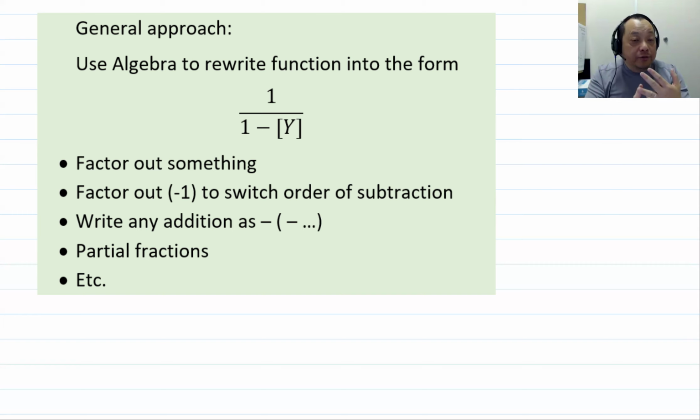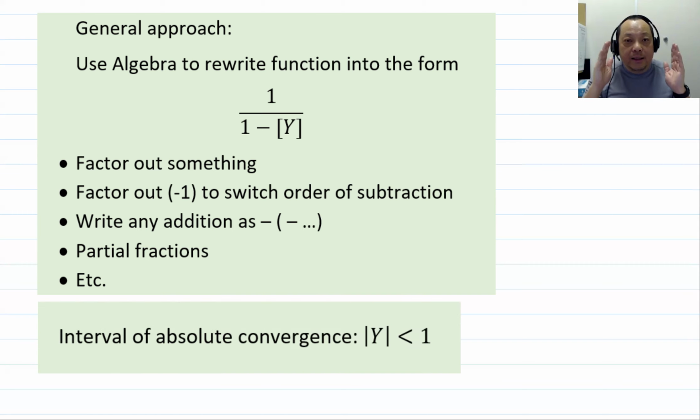It may involve partial fractions, and obviously it may involve all of the above. At the end of the day, the interval of convergence is that the absolute value of that quantity y is less than 1, which you will then need to solve for absolute value of x.